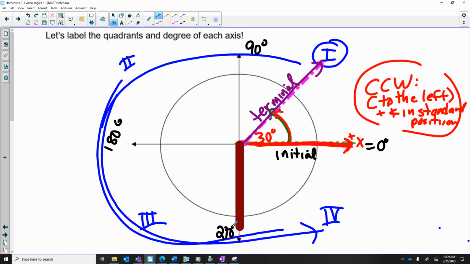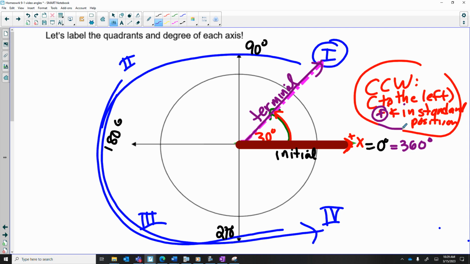And if I were to make one complete circle from here all the way around back to the beginning, I've rotated 360 degrees. So 360 lies in the same spot as 0 degrees. So basically when we rotate positive angles, the positive angles are going to go from the positive side of the x-axis and go around to the left.